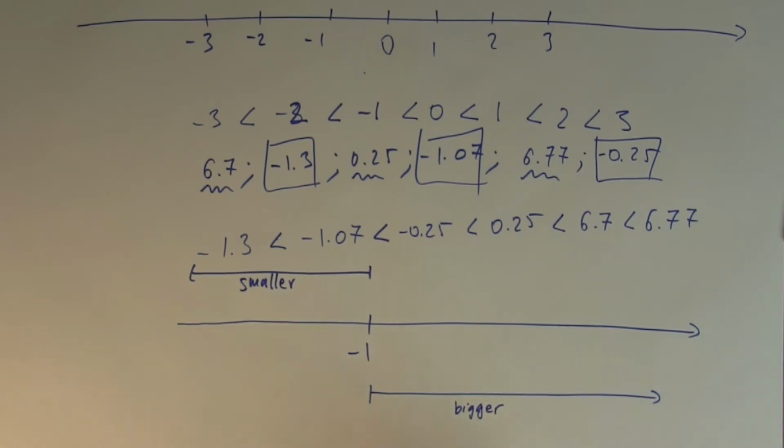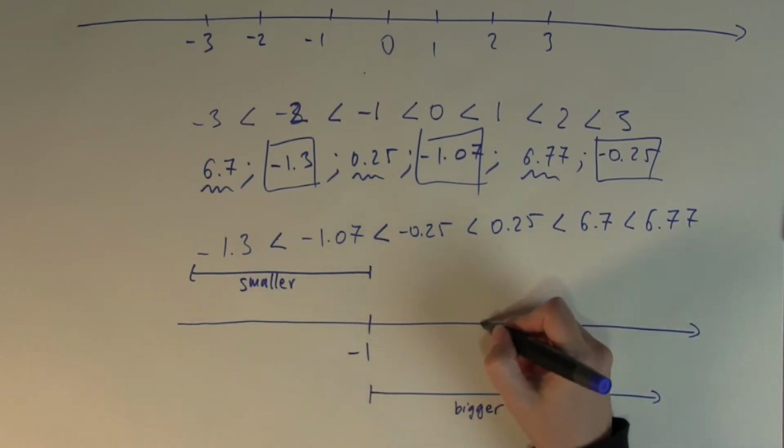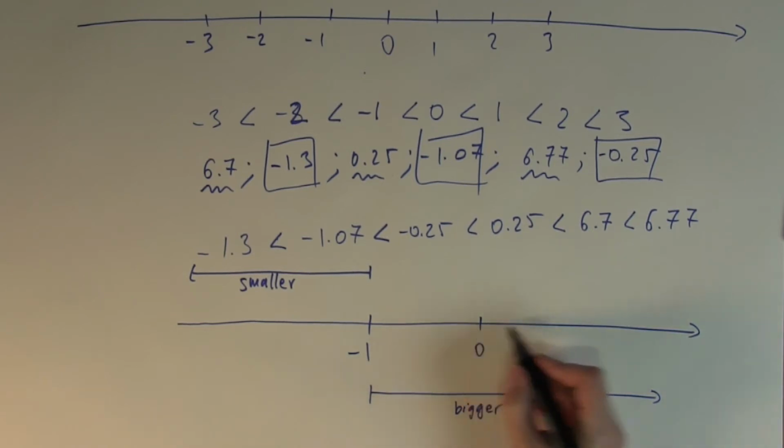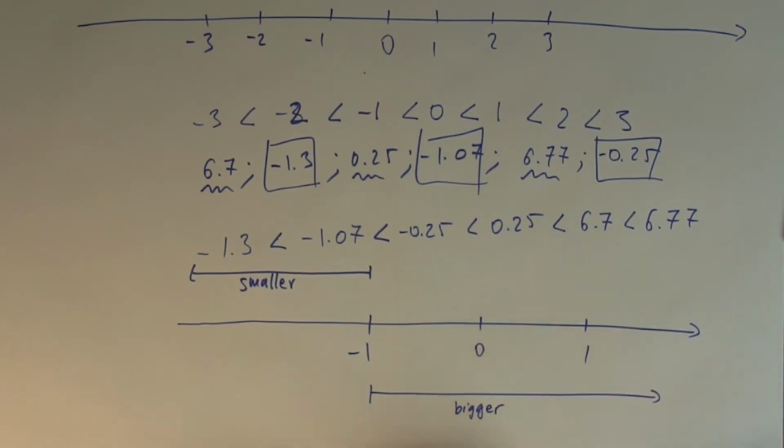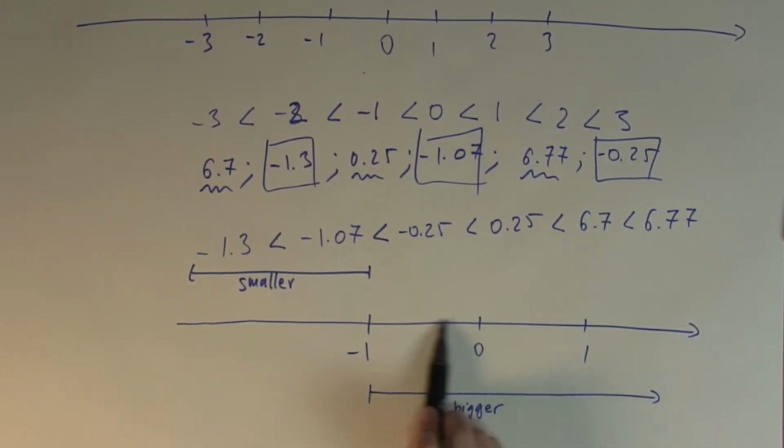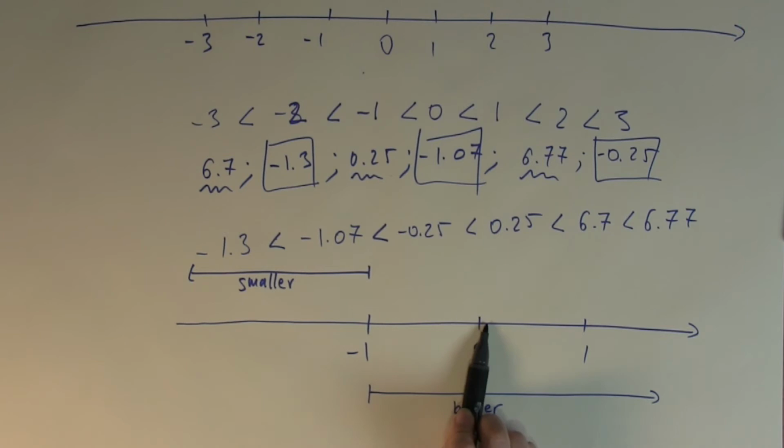So let's look at these individual numbers. I'm going to put in another number here, 0, and probably +1. Could be quite useful to see on the number line as well. The first one is -1.2. Now, here on this side, I have got the negative numbers between -1 and 0, numbers like -0.5 or -0.3.